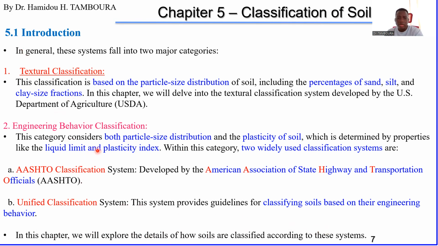So mainly two categories: the textural one, and category 2, engineering behavior classification. For engineering behavior classification we have several, but here we will focus on two: the American Association of State Highway and Transportation Officials one, and the Unified Classification System.